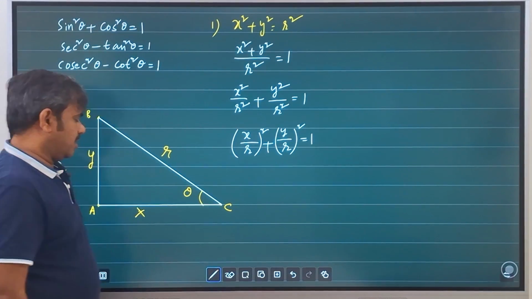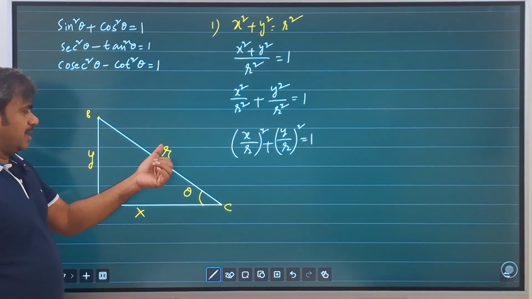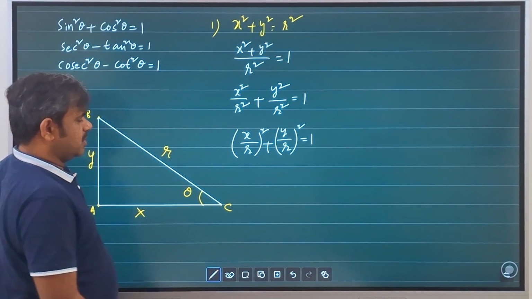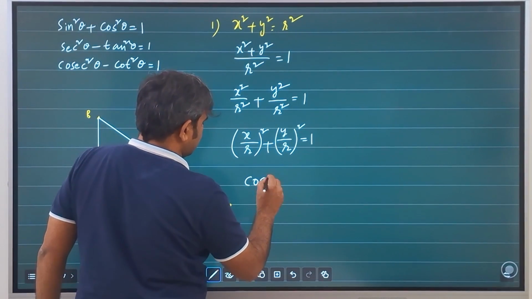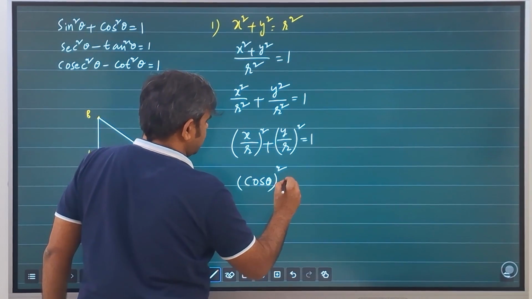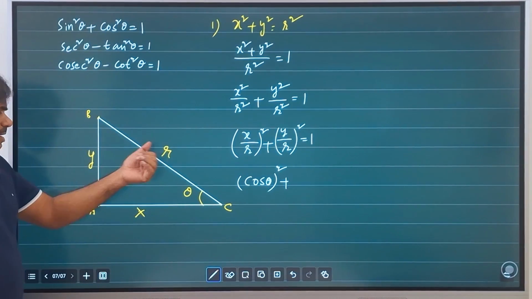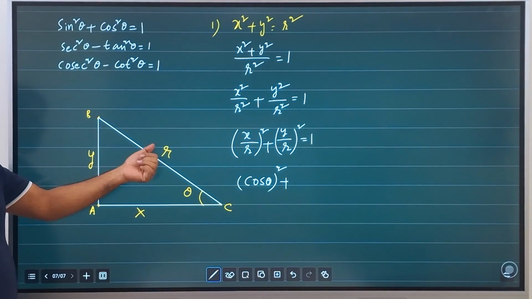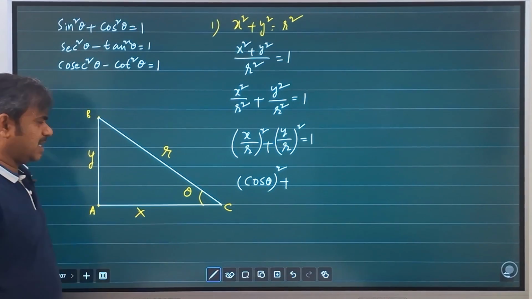X divided by r, adjacent side divided by hypotenuse, is cos theta. So this is cos theta whole square plus y divided by r. Opposite side of angle theta is y, hypotenuse is r. Opposite side divided by hypotenuse is sine theta.